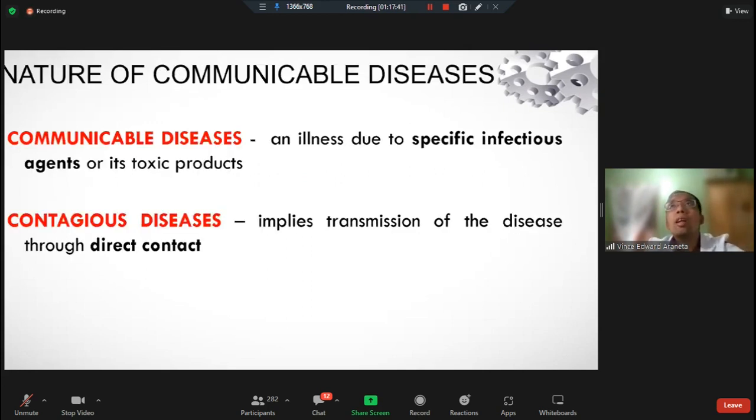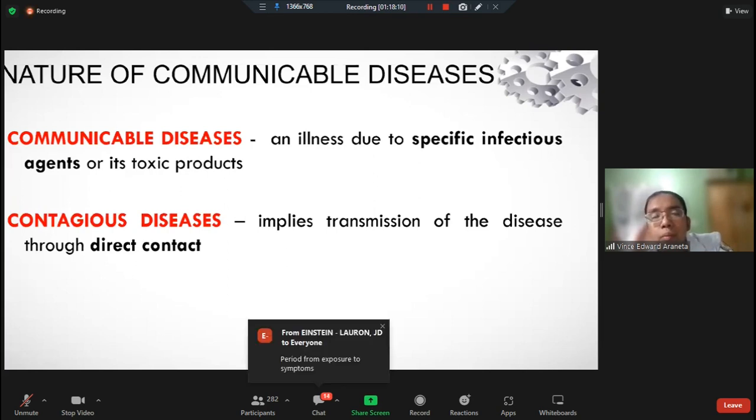The important thing, I think the common recurring question in the past medical board exams is on the definition of an incubation period. Okay, anyone, how do you define an incubation period? You can chat your answers.